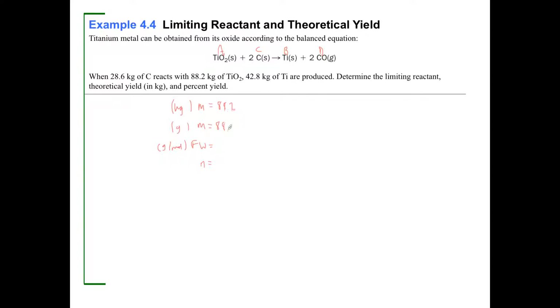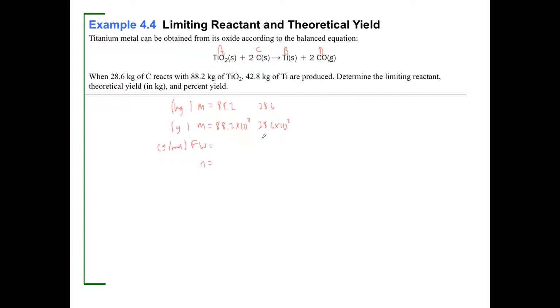So this is 88.2 kilograms, okay? Formula weight, we'll look that up in a minute, is reacted with 28.6 kilograms of carbon. Here's my column for that. 28.6 kilograms, 28.6 times 10 to the 3 grams.